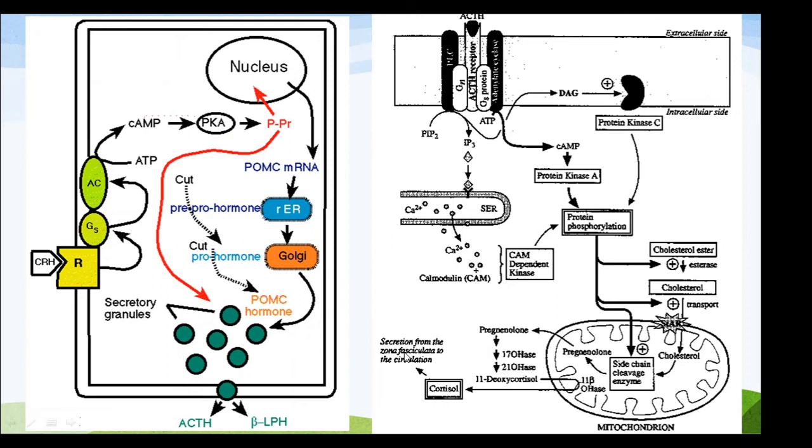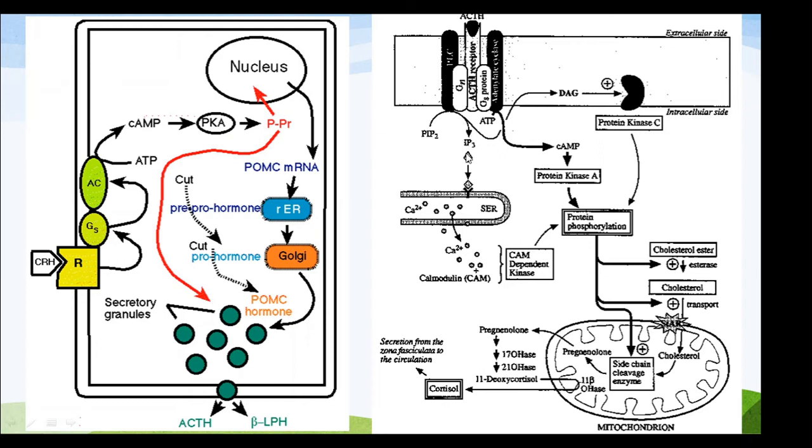The second pathway is through phospholipase C, which converts phosphatidylinositol diphosphate into inositol triphosphate and diacylglycerol. Diacylglycerol activates protein kinase C, which again causes protein phosphorylation, which helps in this whole process.